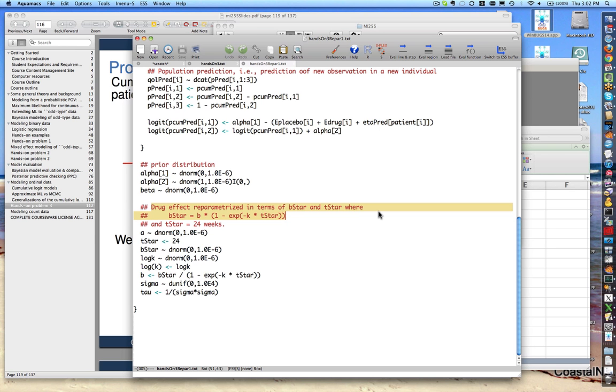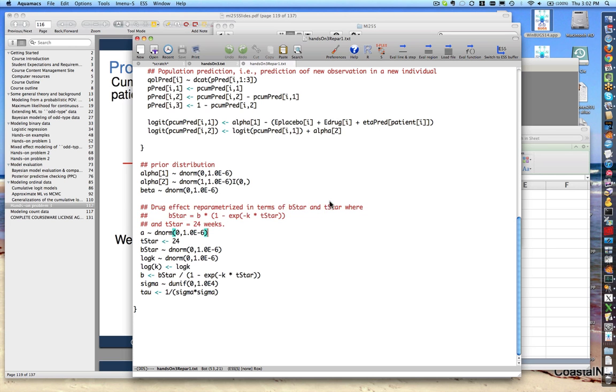T star I'm just going to put a fixed value on. What I'm trying to do is construct a parameter that is more closely related to values within the observed range rather than something out at some asymptotic value that occurs at some hypothetical time to infinity.